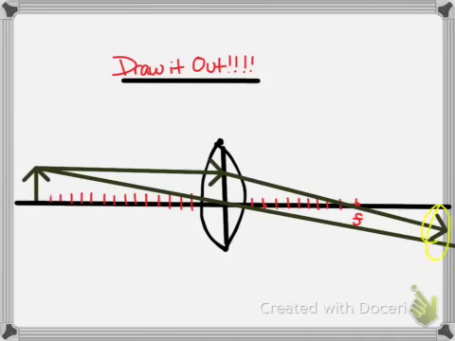Since these rays don't touch yet, we know the distance of your image is going to be 30 centimeters, and since the focal point here is 10, from here to 30 is where our image is going to be located. So our magnification is -2, and our dI is equal to 30.